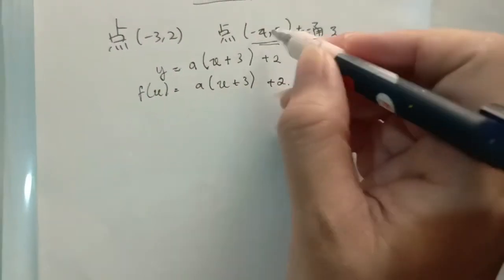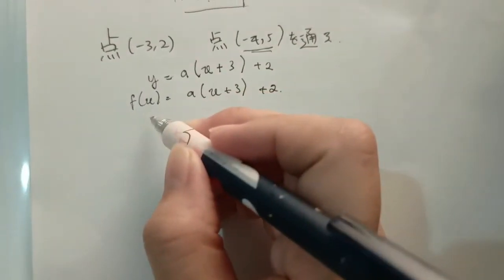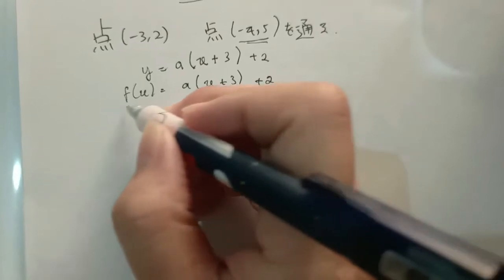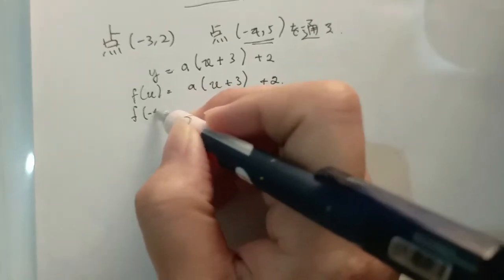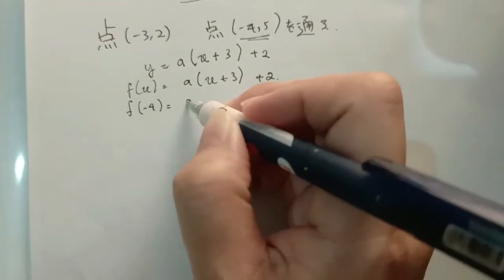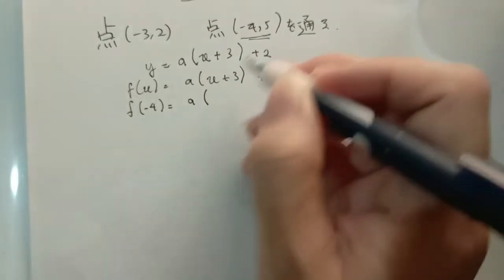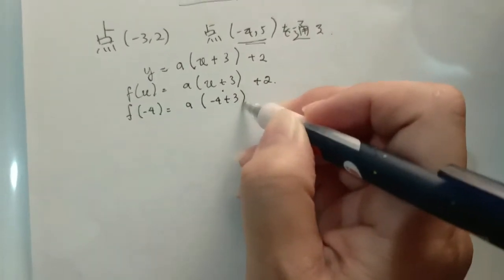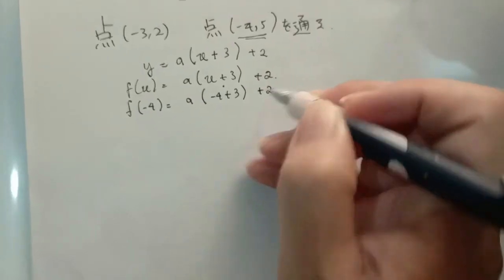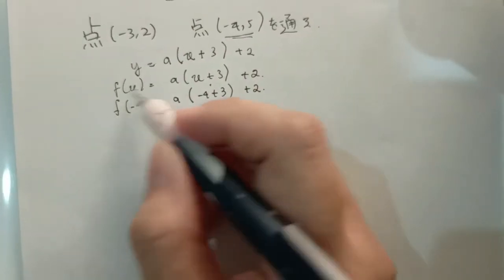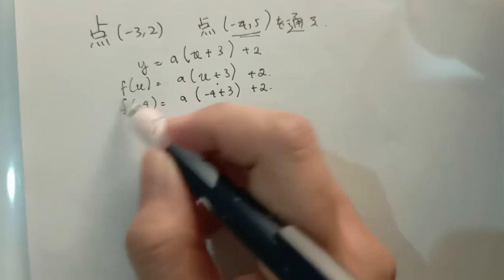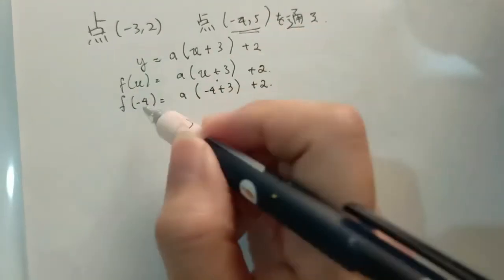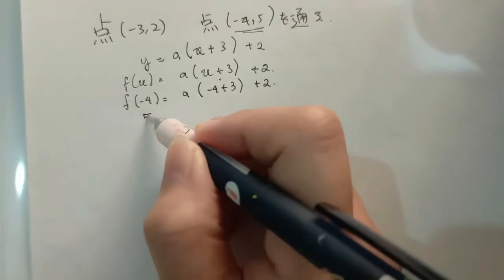Okay, so if the x is -4, f(-4) equal with a, -4 plus 3 squared plus 2. Now the result for this is equal with y, right? Y is 5, so we replace this with 5.